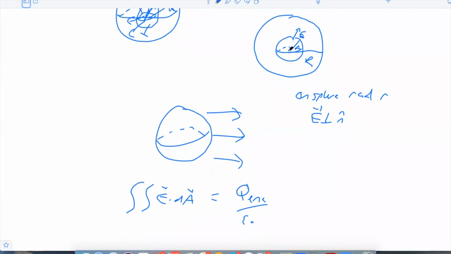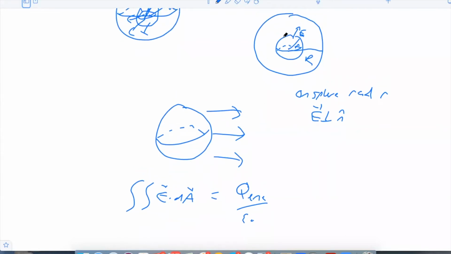I also need to argue, what if E was bigger right here than it was right here? I said it always points perpendicular, but could its magnitude be different along that boundary? No. By symmetry, it wouldn't make any sense physically.